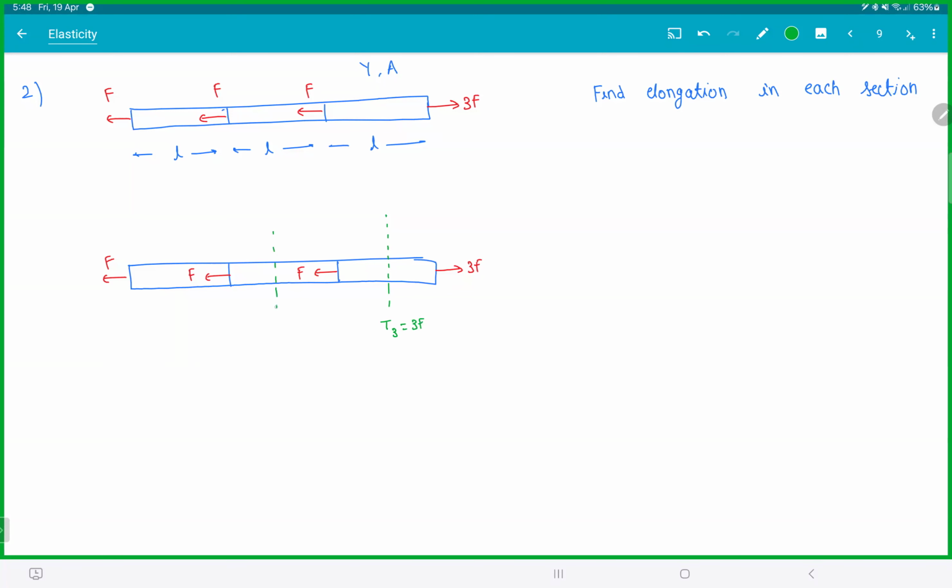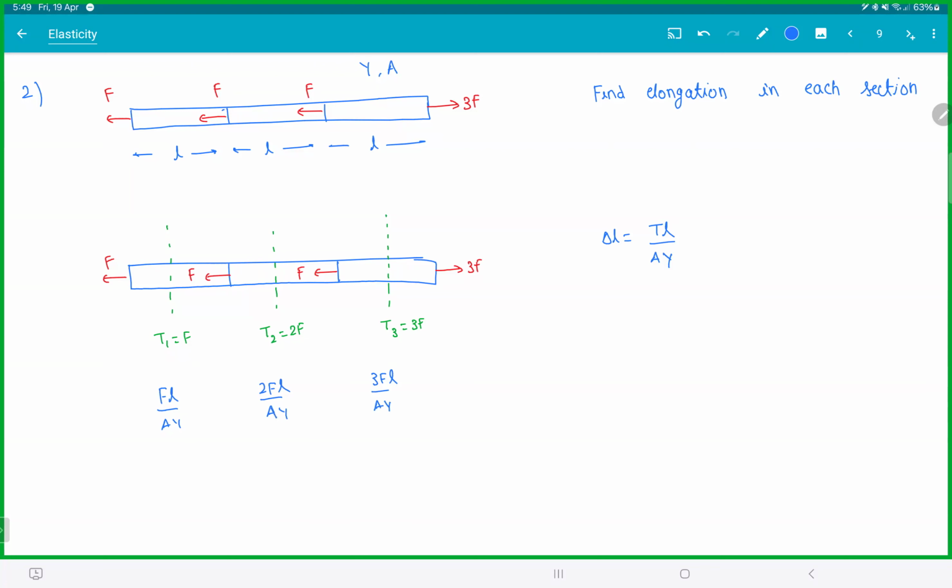If you cut it here, the rod tension will be 2F. The whole system is in equilibrium. If you cut it here, the tension will be F. And from the formula, we can see delta L is nothing but tension times length by AY. So just substitute here. This will be FL by AY, 2FL by AY, 3FL by AY. Hope everyone is clear with the tension part.